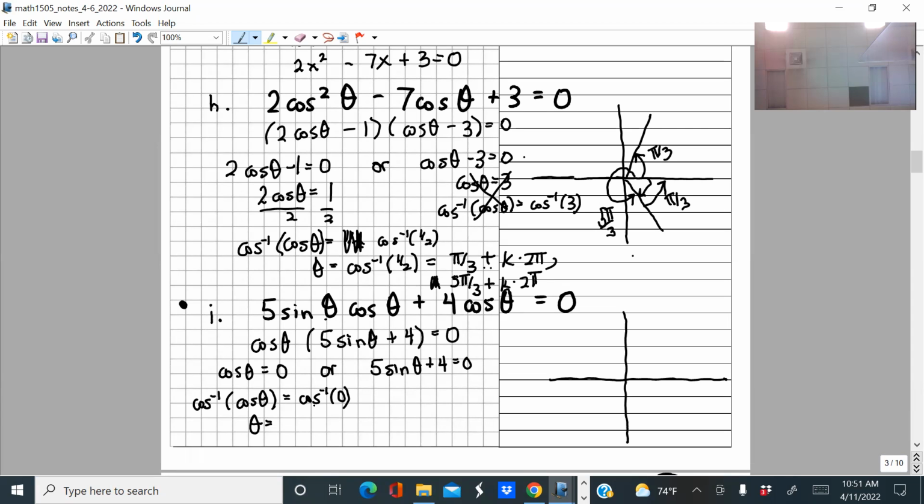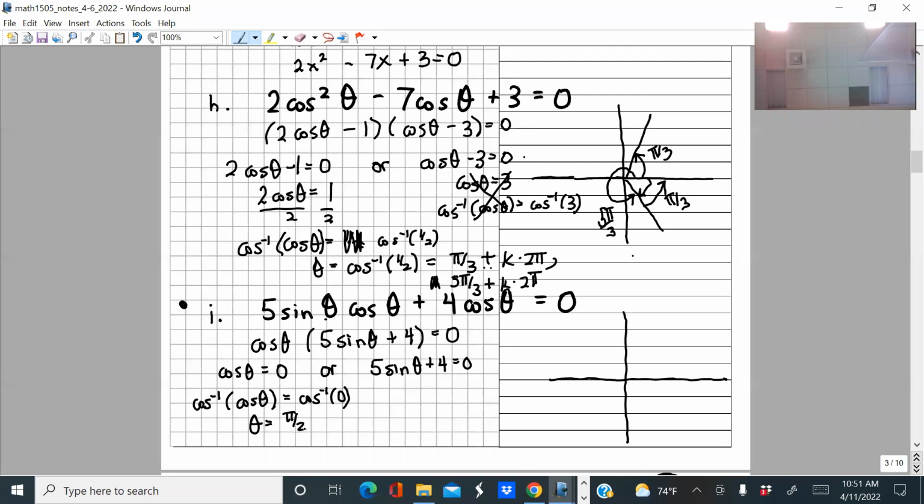It's not 0, because cosine of 0 is 1. Pi over 2. Yeah, pi over 2 is the first angle that has cosine of 0. Remember, cosine starts at 1 and then goes down to 0 at pi over 2, and then goes down to -1 at pi.